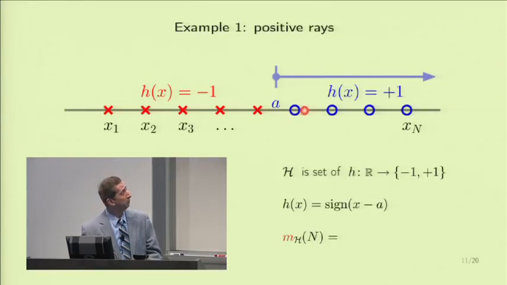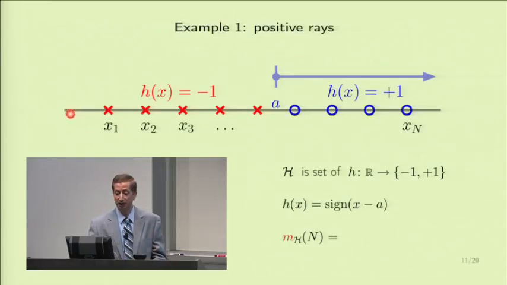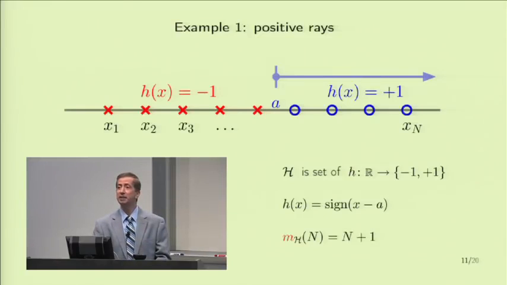I get different dichotomies when I choose a different line segment. How many line segments are there to choose from? I have N points. I have N-1 sandwiched ones, and one here when all of them are red, and one here when all of them are blue, right? So I have N + 1 choices, and that's exactly the number of dichotomies I'm going to get on N points, regardless of what N is. So I found that the growth function for this is exactly N + 1.